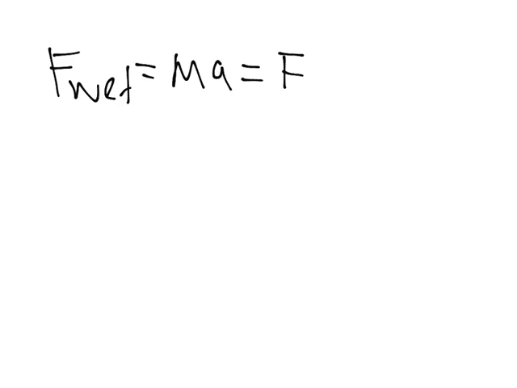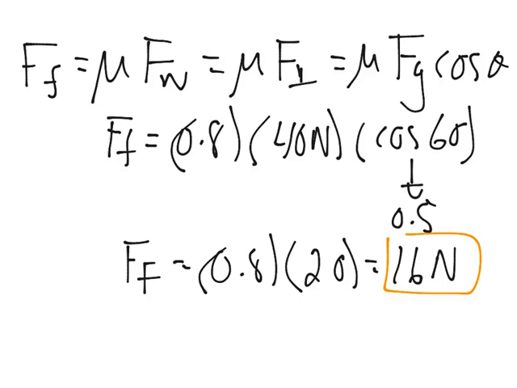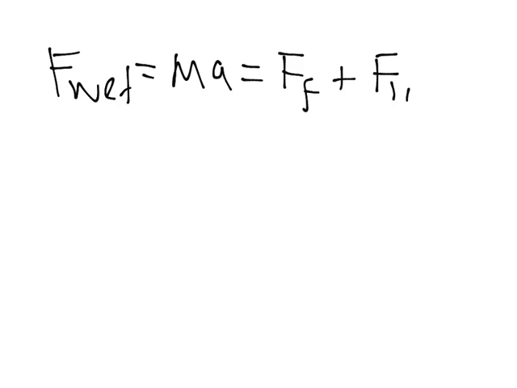So, F net is equal to MA, which is equal to force of friction plus force parallel. So we'll just write force of friction, let's go back and find it, is 16 newtons.